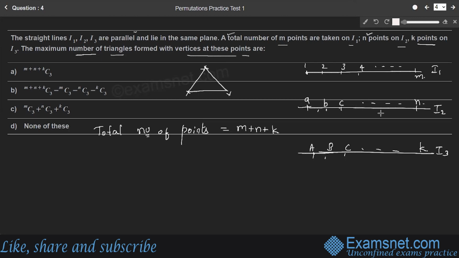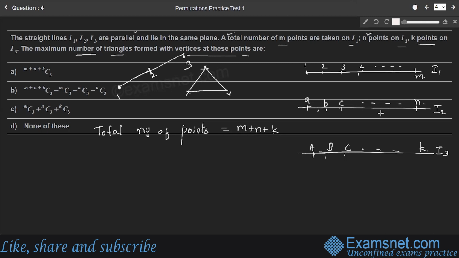Therefore, the possible ways of joining 3 points. I'm not saying it is particularly a triangle. You can join 3 points in any way, right? For example, 1, 2, 3 lie on the same line, but we have still joined 3 points here. So there are many ways to join 3 points.